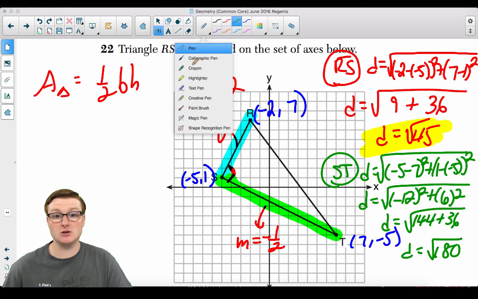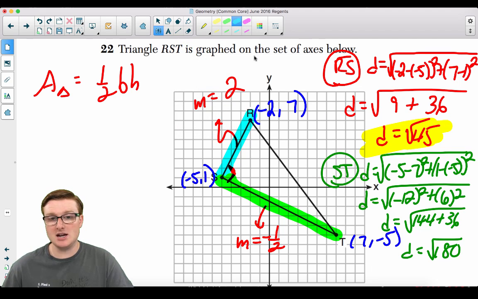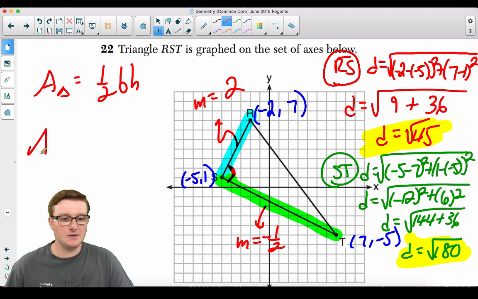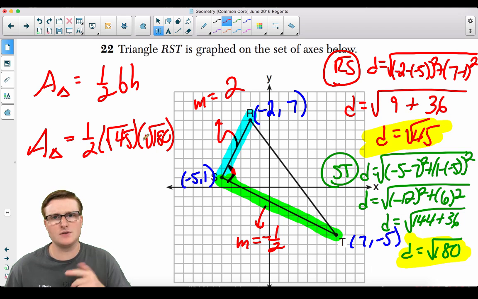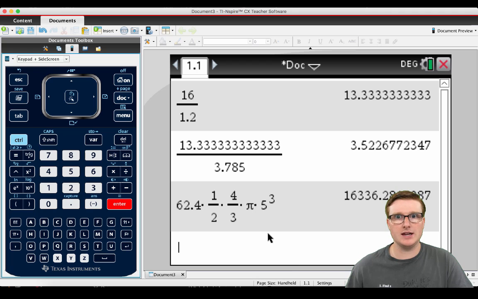So now what I'm going to do is take this information that we have, which is rad 45 and rad 180, and plug it into my base and my height. So the area of the triangle is equal to 1/2. The base is rad 45 and rad 180 is the height. Or vice versa, it doesn't matter because multiplication is commutative. So now I'm going to go to my calculator.